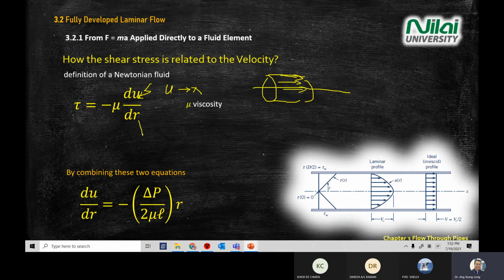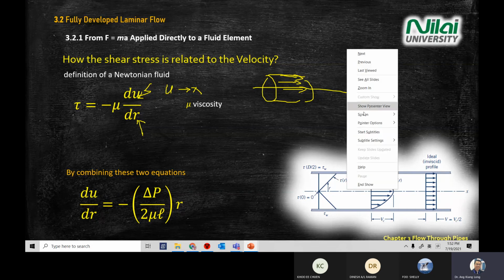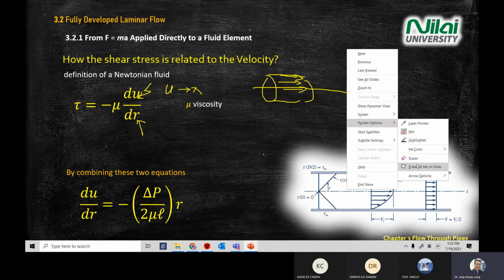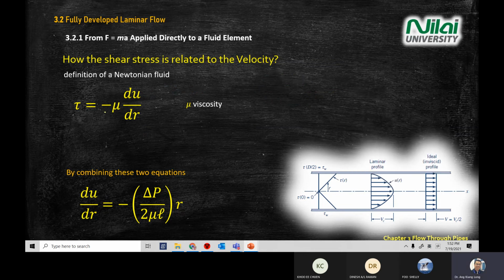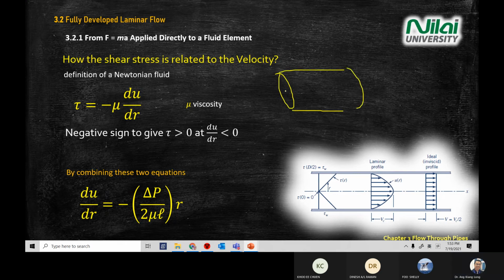But now we look at the distance from the center. What happened to the shear stress from the center, times the viscosity? And why negative there? Why negative? Just read this note. This is the center of your pipe.